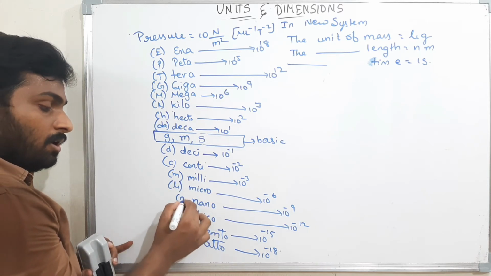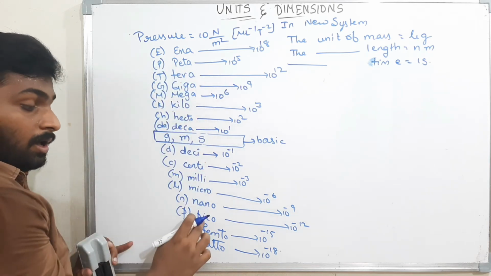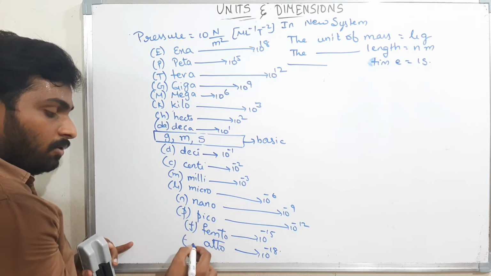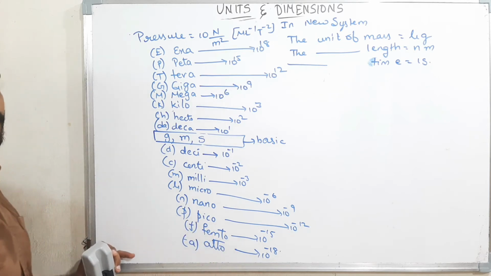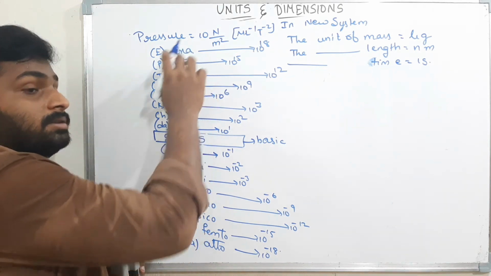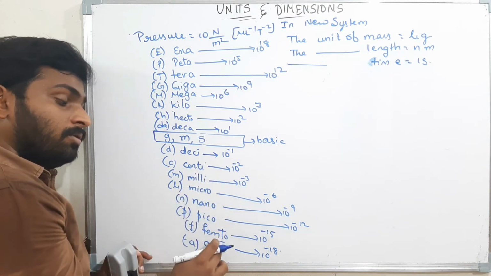For nano, small n; for pico, small p; for femto, small f; and for atto, a.